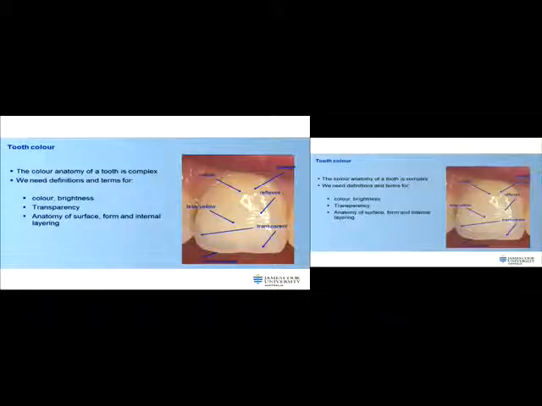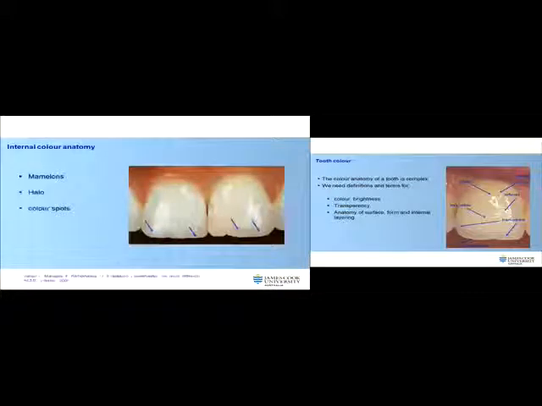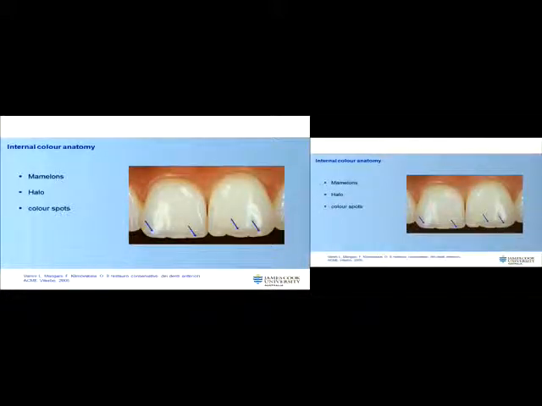It depends a little bit on the age of the tooth. The internal anatomy of teeth is difficult because if it comes to translucent areas close at the incisal edge, the internal structure and the shape of the dentine is important.